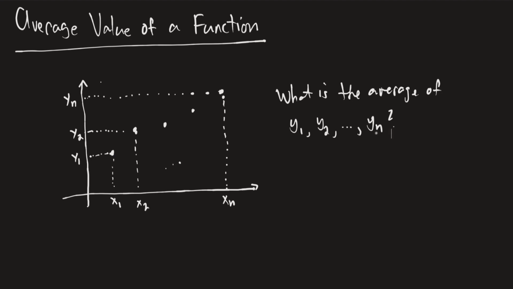If we have a discrete or distinct set of numbers, n numbers, you sum them up, so the sum of k going from 1 to n of y sub k, and then divide by however many of them, so n of them. And this is the average.